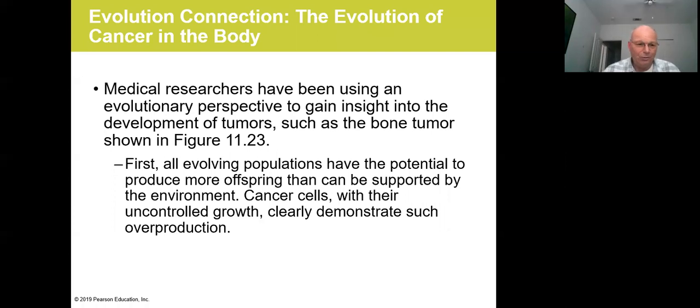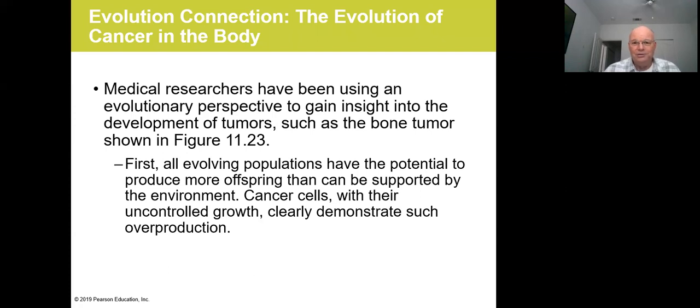They start out as normal, healthy cells, and they evolve over time into tumor cells and cancer cells. And so if we apply some of the ideas that Darwin and Wallace proposed as supporting assumptions for the process of natural selection, then we start to get a new vision of what cancer is all about.